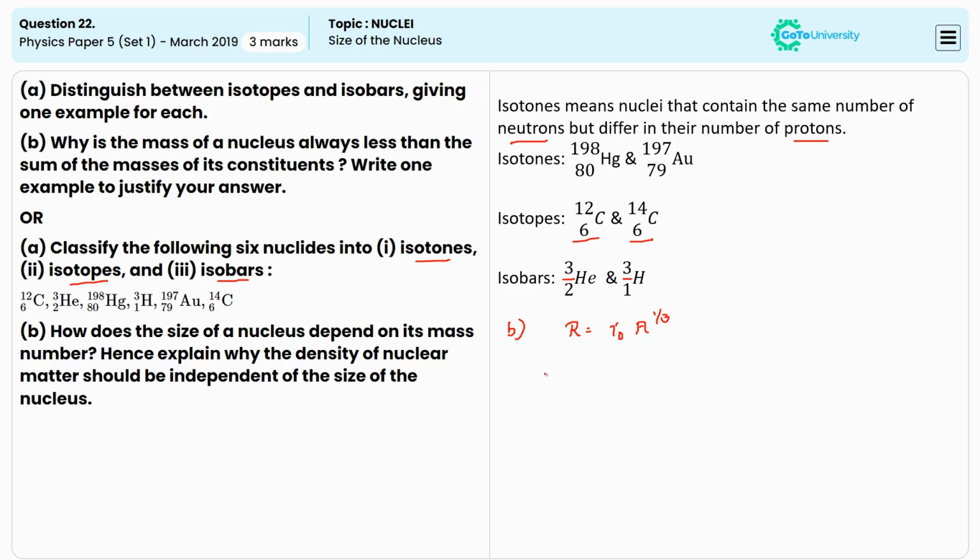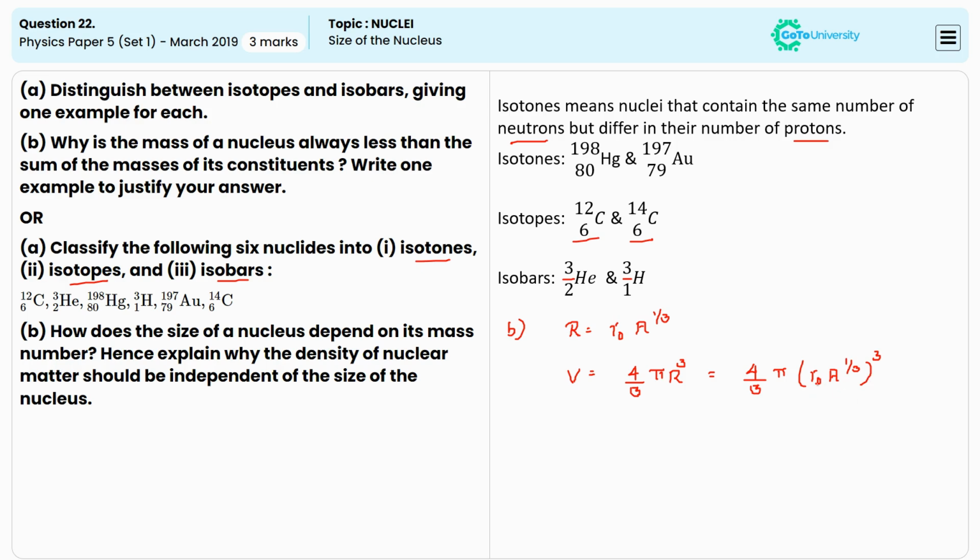And the volume of the nucleus, that is V, is equal to, we know that, 4 by 3 times pi into R cube. If you substitute this value, then volume becomes 4 by 3 times pi into R naught into A to the power of 1 by 3, whole cube.